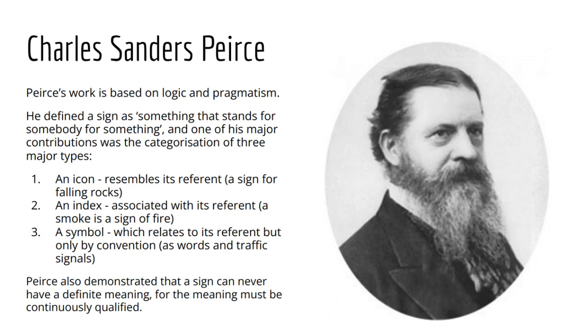Peirce also demonstrated that a sign can never have a definite meaning, for the meaning must continuously be qualified. Basically, he's saying there's no one way to look at it. It's just how we see it; there are different ways of seeing things. It's not a single way that you could interpret the meaning of things around us.